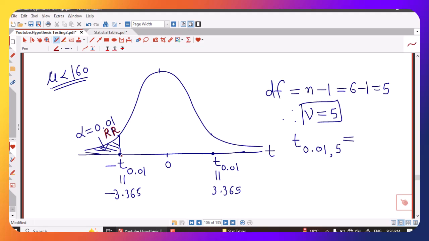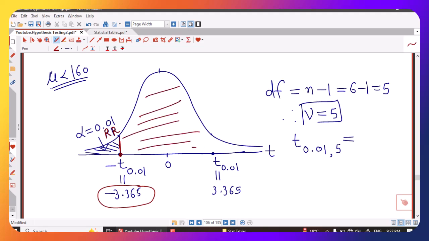If our test statistic is to the left of this value, then we are in the rejection region and we will reject the null hypothesis. If we are on this side, then we are in the non-rejection region and we will fail to reject the null hypothesis.